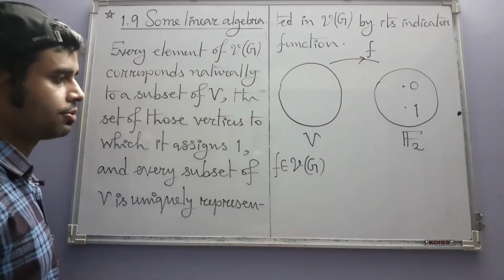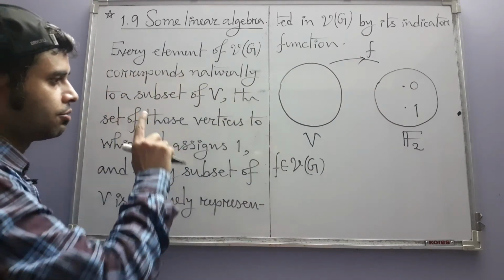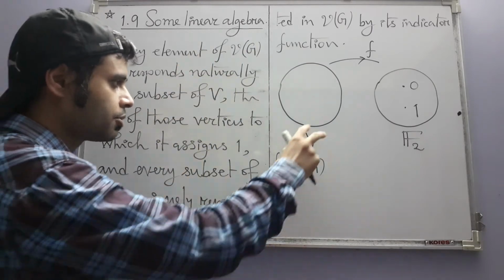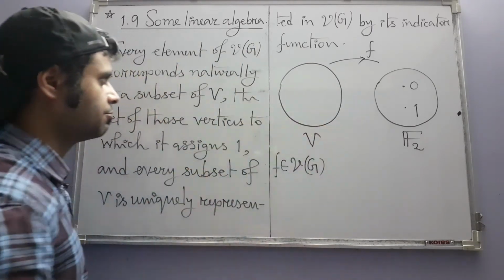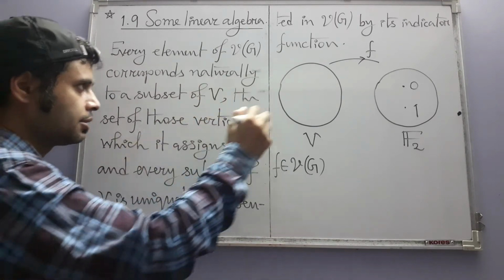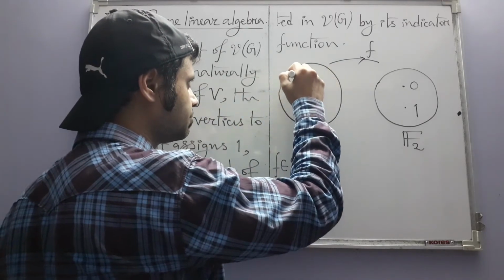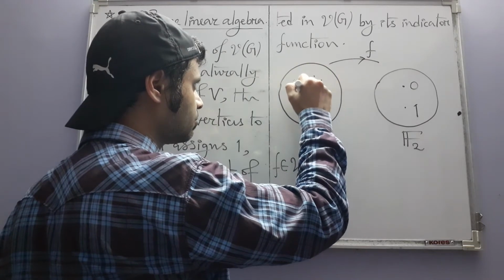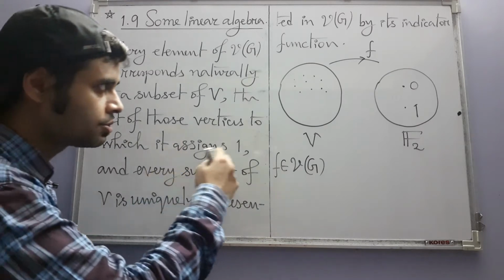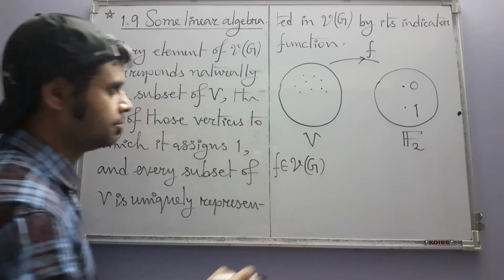Now what Diestel is saying is that this function naturally corresponds to a subset of V, namely the set of those vertices. Here we have the vertices of the graph. Those vertices to which it assigns 1. Okay.